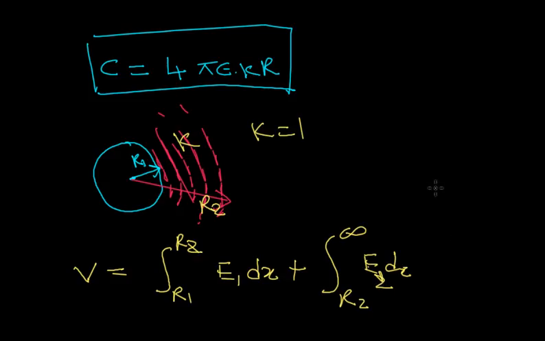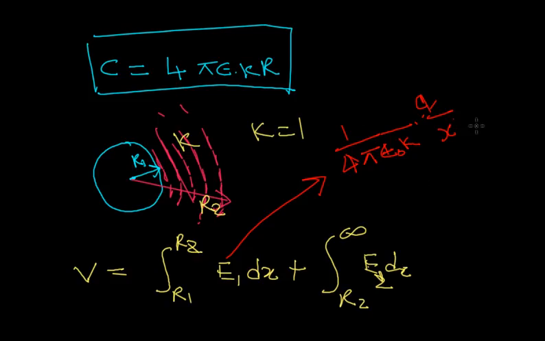Let me write the expression for E1. E1 will be equal to 1 by 4 pi epsilon naught K into Q by x square.